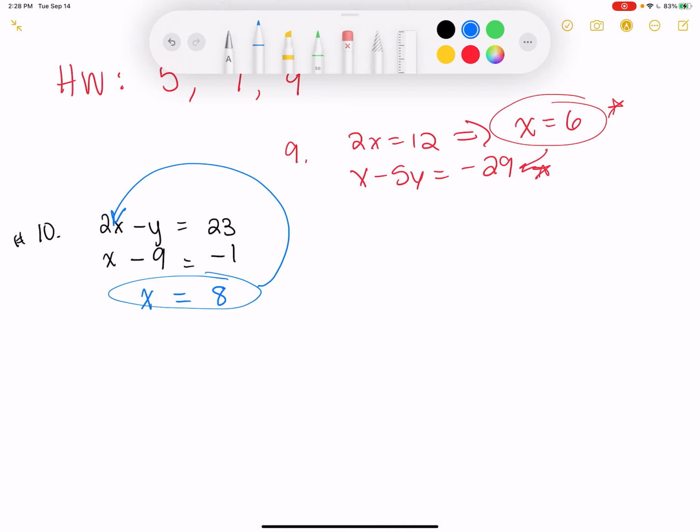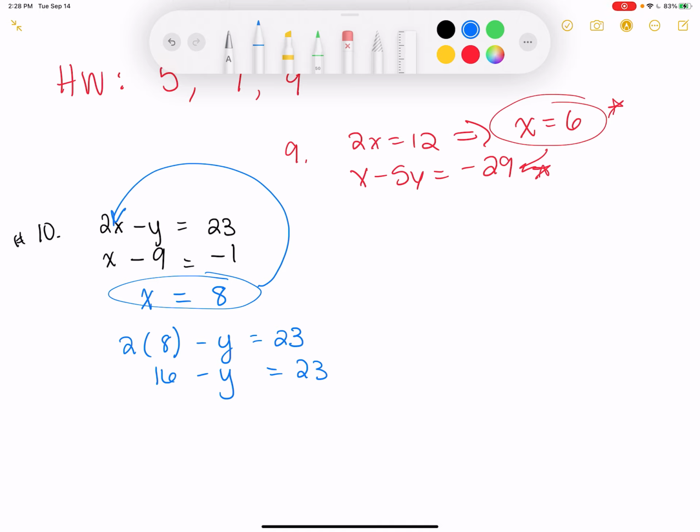All right, so now we're taking this, x is equal to 8, and we're plugging it in up here for x, okay? And we're going to solve for y. So I'm going to have 2 times 8 minus y is equal to 23. Okay, 2 times 8 is 16. Minus y is equal to 23.